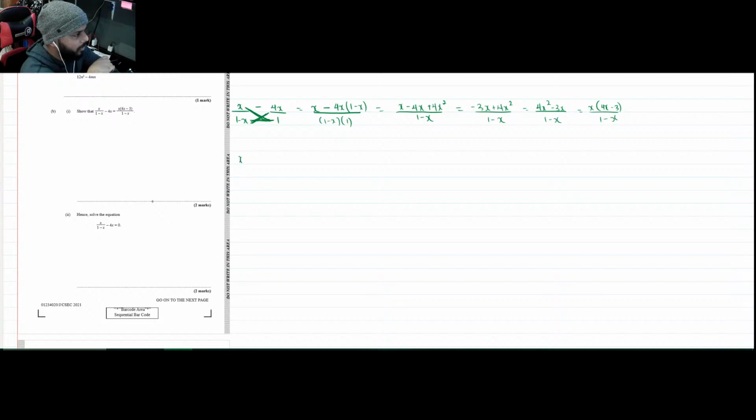So if I have x over 1 minus x minus 4x is equal to 0, that is the exact same thing as saying x into 4x minus 3 over 1 minus x is equal to 0. Cross multiply, I get x into 4x minus 3 is 0. I get x is equal to 0, or 4x minus 3 is 0. Move the 3 across, divide by 4, x is 3/4.